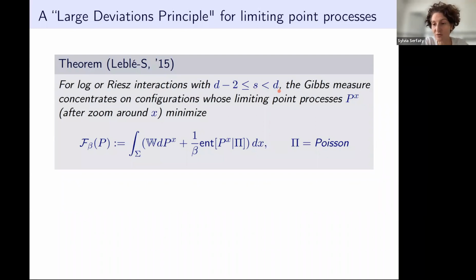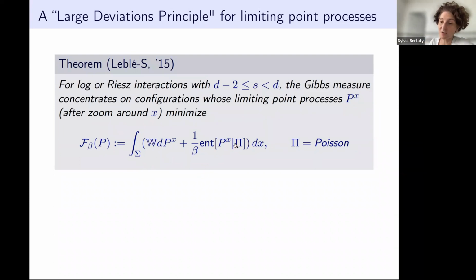It's no longer W alone, it's an average of W plus 1 over beta times the relative entropy of the process with respect to the Poisson point process of intensity 1. What is Px? Px is the point process you obtain when you zoom around X. You remember you have many points around which you can zoom, and then you average, you sum over all these points. It doesn't really matter, this averaging. What I want you to remember is there is just a competition between W and relative entropy.